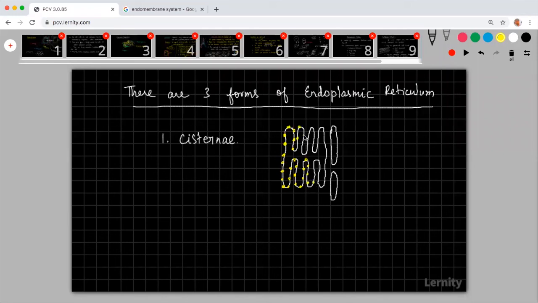You just put some dots throughout. This kind of structure is what we call cisternae.